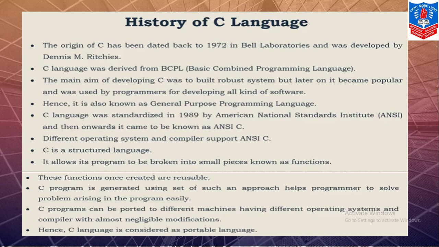Such an approach helps the programmer solve problems arising in the program easily. C programs can be ported to different machines having different operating systems and compilers with almost negligible modification. Hence, C language is considered a portable language.